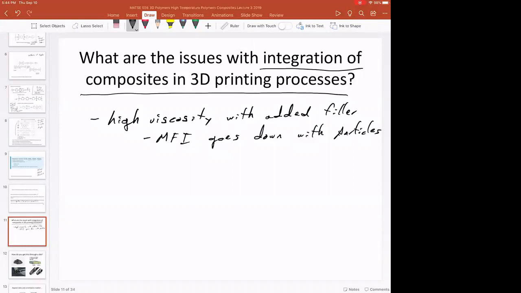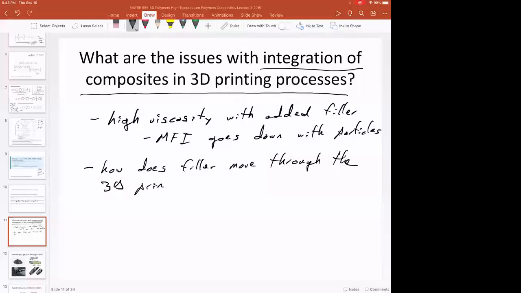Want to make sure both parts of the composite can, yeah. So how does filler, you want to open up your chat so you can see the comment from Locke, but he said, we want to make sure that both parts of the composite can withstand the 3D printing process. So how does filler move through the 3D printing process?